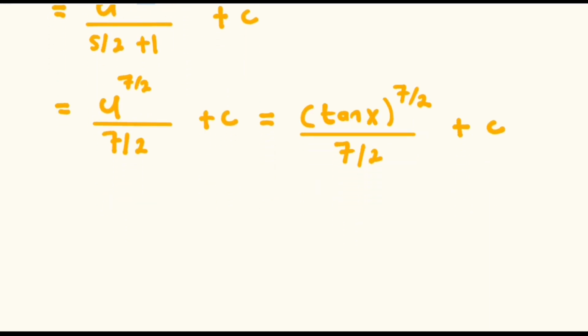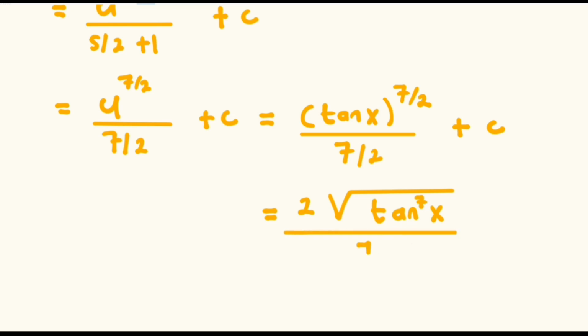We can choose to simplify this, and when we simplify, this will be equal to 2 multiplied by the square root of tan x raised to the power 7, divided by 7, plus our constant c. And this will be our answer for our first question.